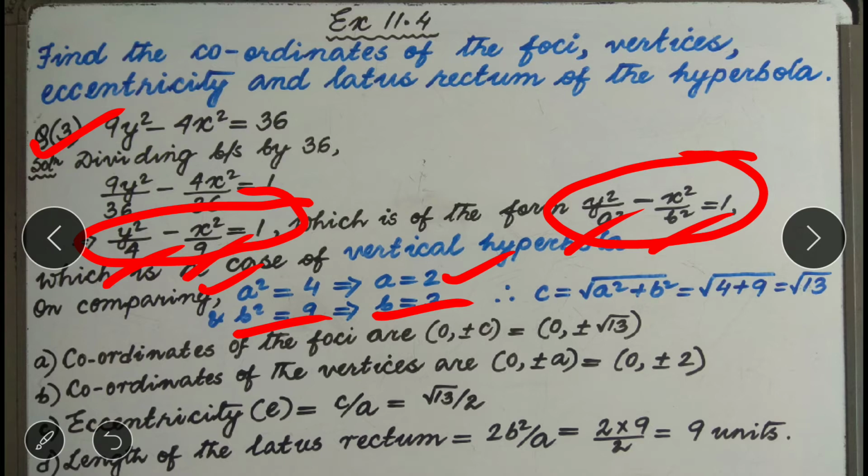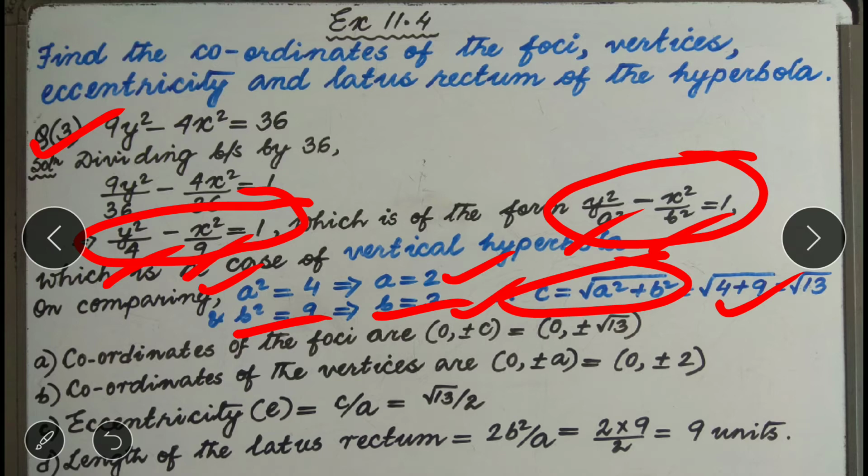So we have the values of a and b with us. Now we can find the value of c using the formula c equals root over a square plus b square. So we have three values: a is 2, b is 3 and c is root 13.